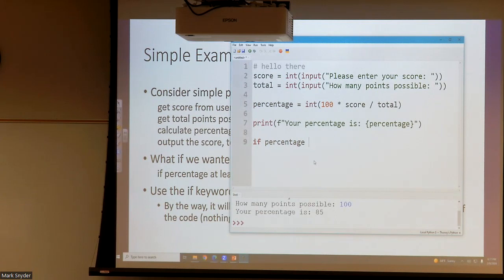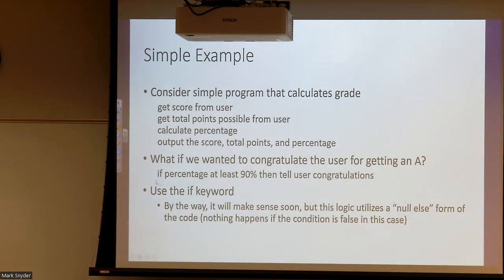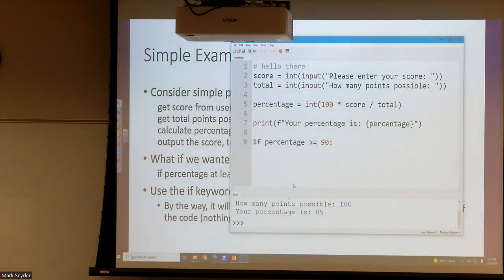So what operator am I going to use here? Greater than. Greater than or equal to. Exactly. You got to be careful with that wording. If percentage is at least 90, then tell the user congratulations. So watch out for that in the assignments. It will try to trip you up like that.